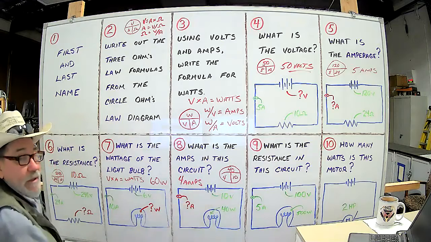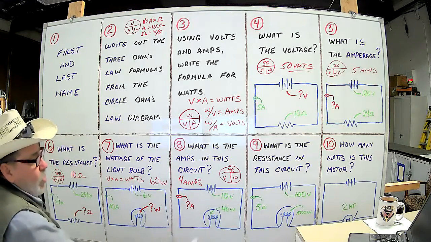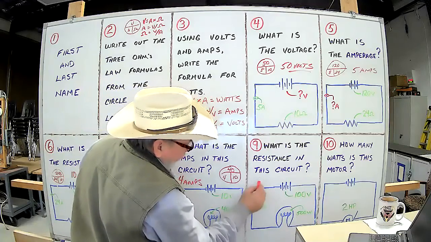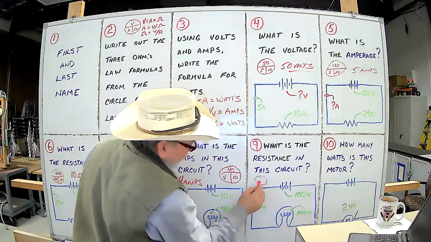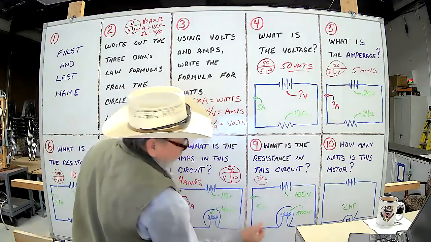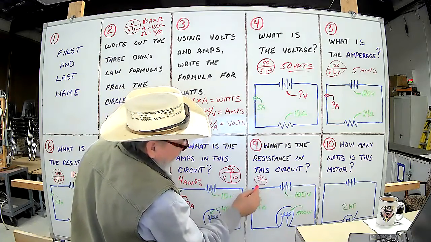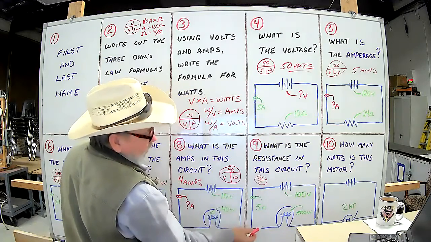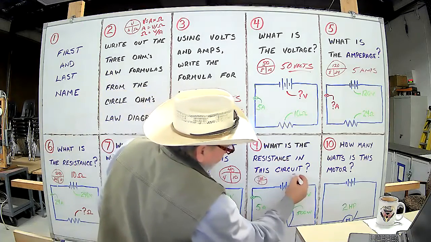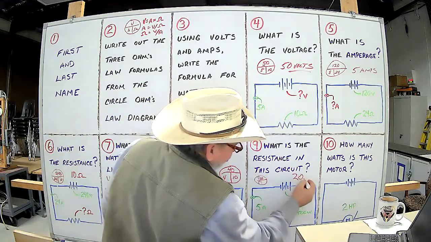So you really don't even need the 500 watts. Just use your Ohm's law. You draw your circle there, and you put your voltage on top, 100, and then you got 5 on the bottom. 5 will go into 100 20 times, so your resistance is going to be 20 ohms.